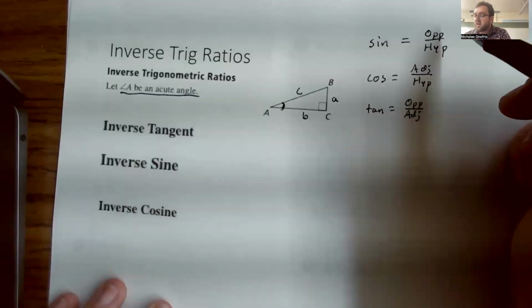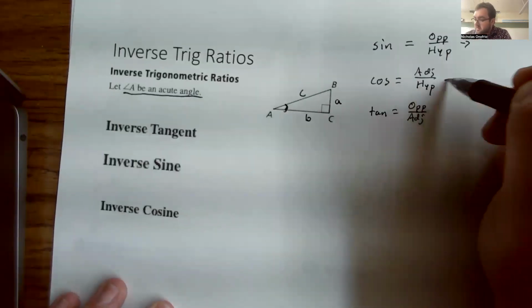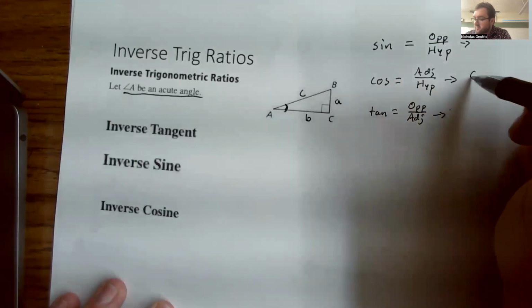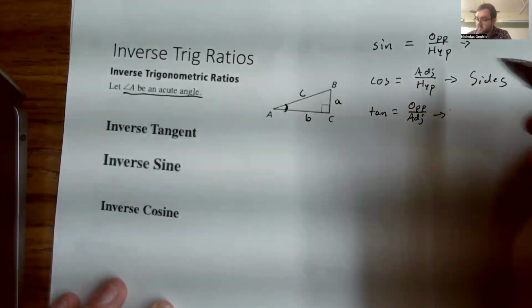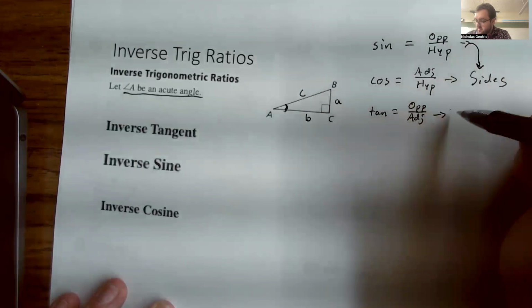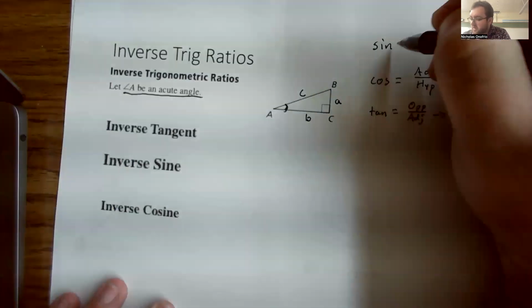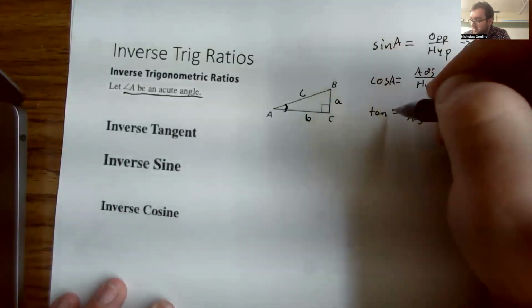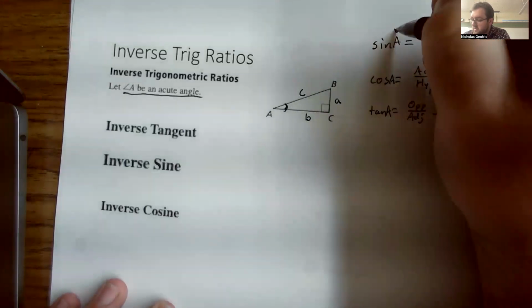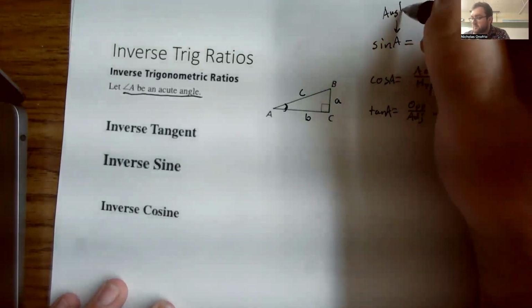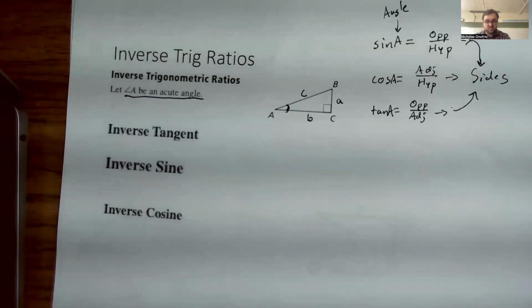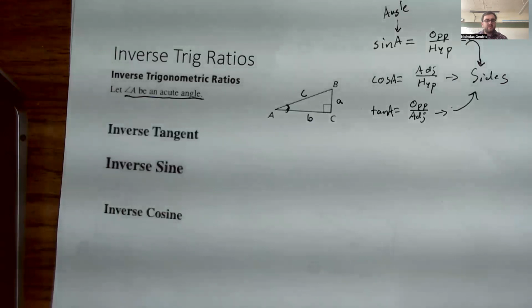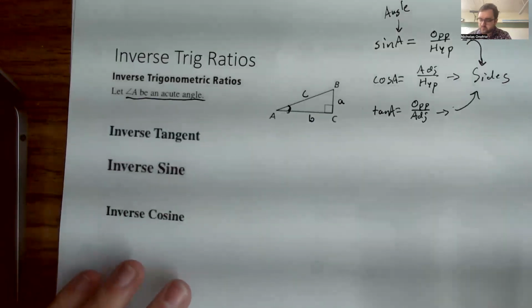These all dealt with sides, right? And we always had an angle as well, where A is the angle. What a trig ratio lets us do is rewrite our equation so we can get the angle by itself.